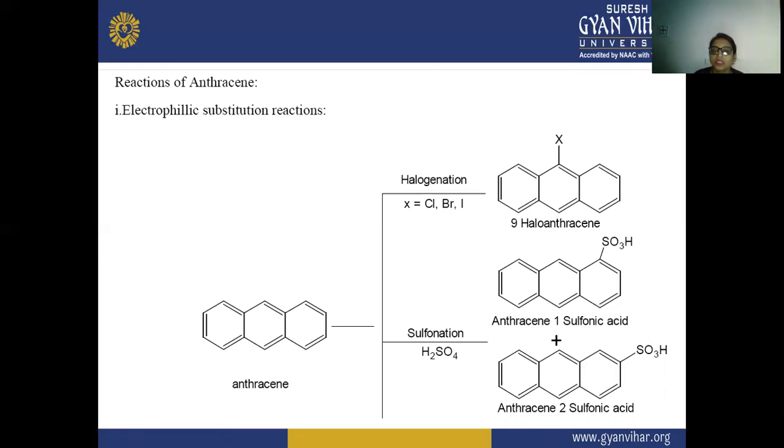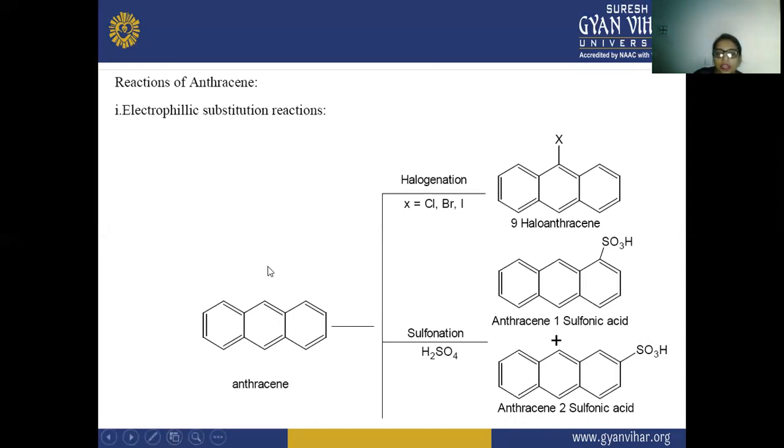When anthracene is undergoing halogenation, the electrophile, that is your Cl or your X, will attack the ninth position. There is a removal of the hydrogen, or you can say a removal of the proton, from the ninth position. After that, there will be a substitution of the halogen.